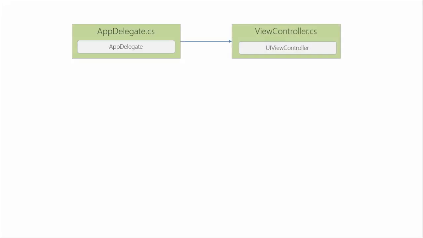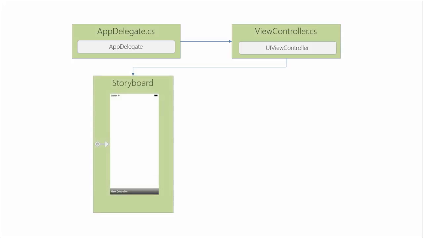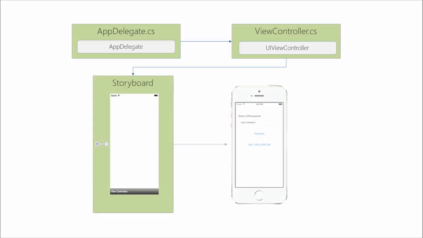So in the views, you also have some overrides in there, so you could be notified of different states. The app delegate will call up a UIViewController, and usually you're going to be using a storyboard to build out your applications. The storyboard will present the view and then talk to the UIViewController to have any business logic in there.